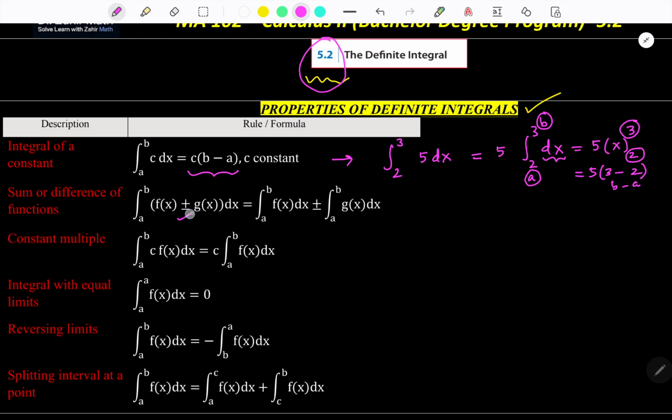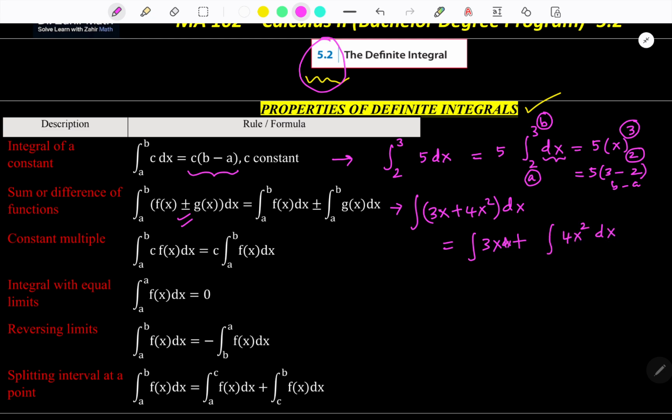Suppose it is in plus or minus, then how will the situation be? For example, I'll give you the integral of 3x plus 4x square dx. In this situation, you can split it into integral of 3x plus integral of 4x square dx.